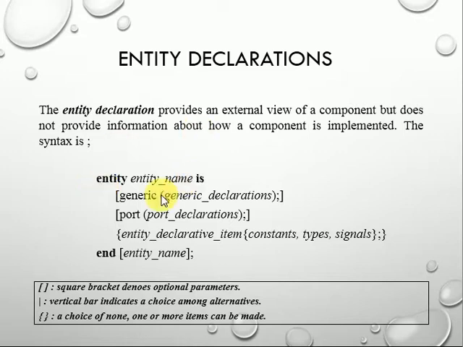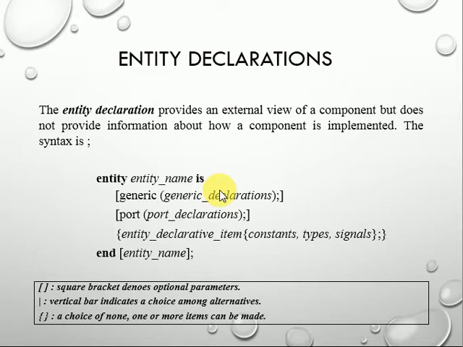After that comes the entity name, which is a user defined word, and again this will be followed by the keyword is. So while writing the syntax for an entity, it will be the keyword entity, after that any name you like for the program you are writing, and then it will be followed by is.